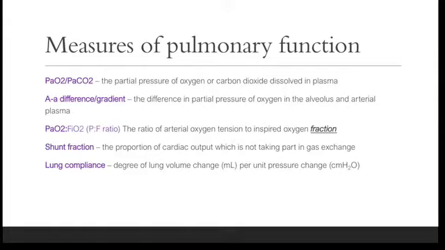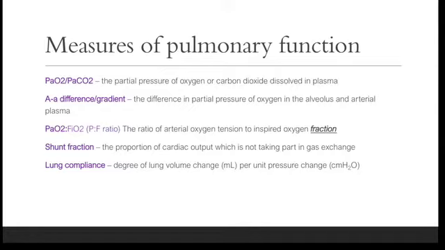Additionally, they'll talk about the PaO2 FiO2 ratio, or abbreviated to the PF ratio, and that is the ratio of arterial oxygen tension in millimeters of mercury to inspired oxygen fraction rather than percentage. So we're talking about breathing room air, where we talk about an oxygen fraction of 0.2 rather than 20%.